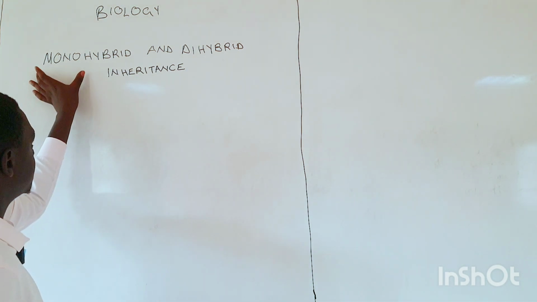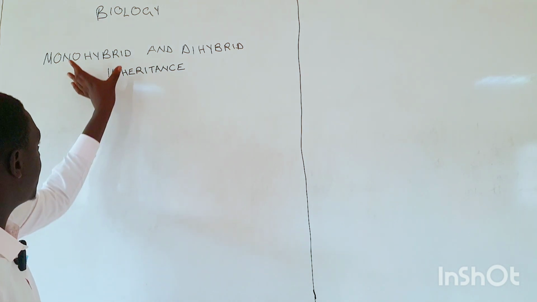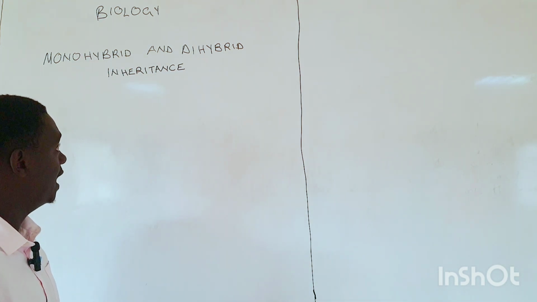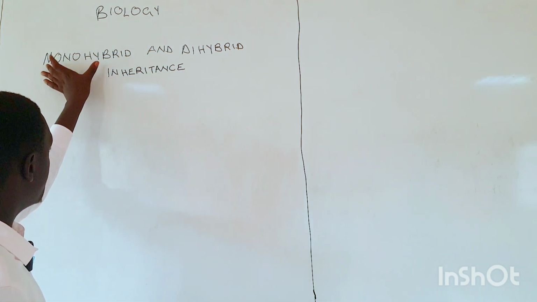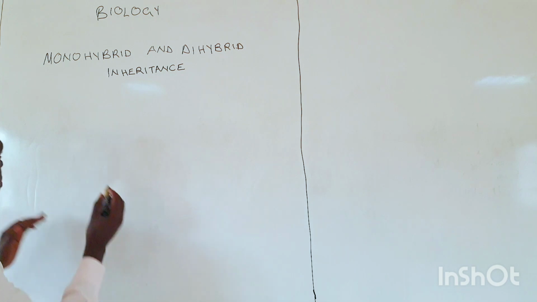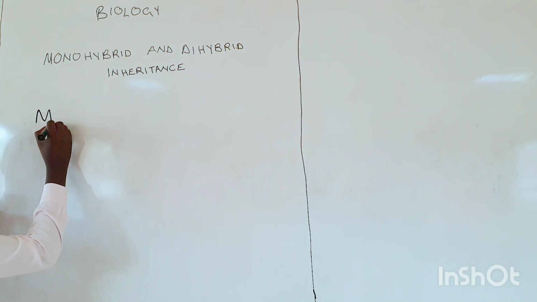The word mono simply means one. Now, hybrid is a product of intermixing. In other words, we talk about monohybrid inheritance.